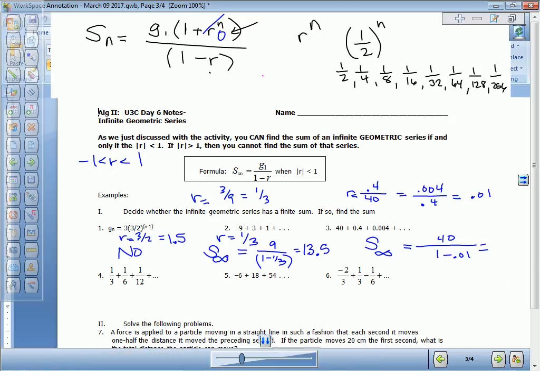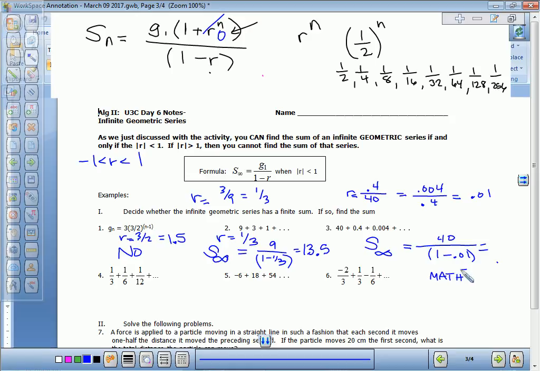If you don't know how to do that, when you divide this by this, you hit the math button, and then it automatically goes to fraction. So you hit enter, enter, and it should give you 4,000 over 99. And there's your nice little exact answer.